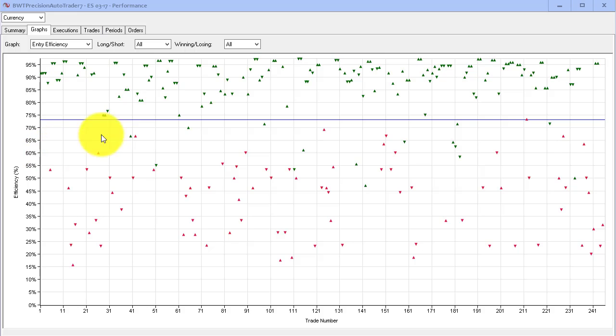On this scatter graph, we're showing our entry efficiency. So this is showing an entry efficiency of 75%. That means the placement of our order was very good. 75% of the time we were able to get most of the profit from the swing and exit.